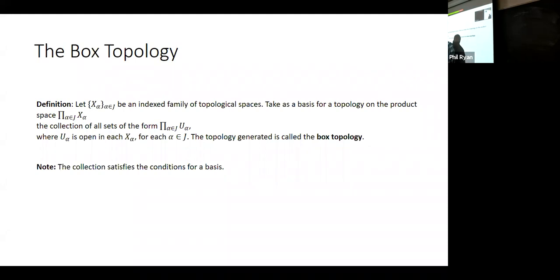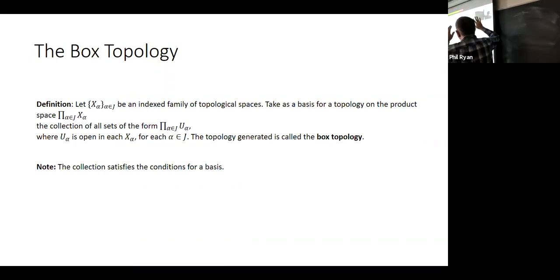So we've got a whole bunch of X alphas. Each one is a set with its own topology, although quite often we want the set to be the same, so it's like X to the J. But anyway, to define a topology, we're just going to say what a basis is.